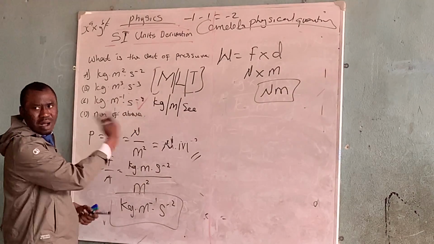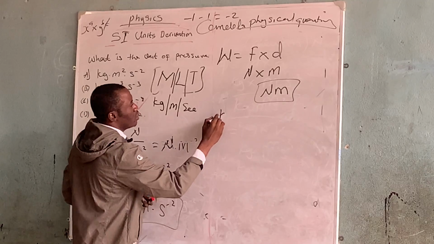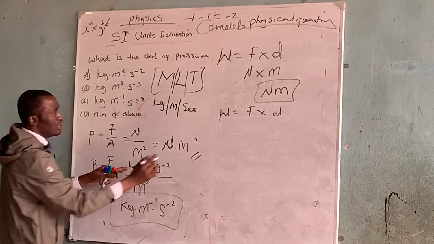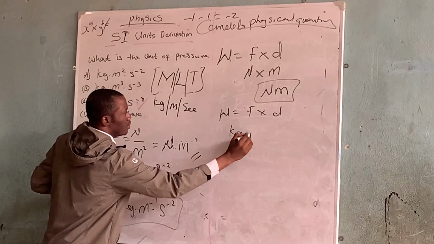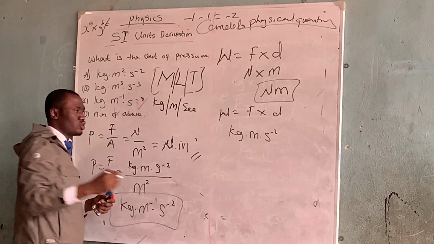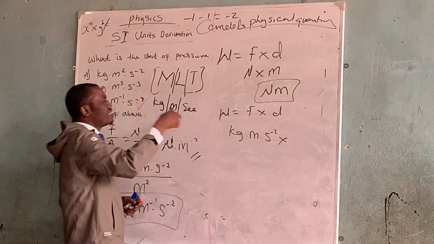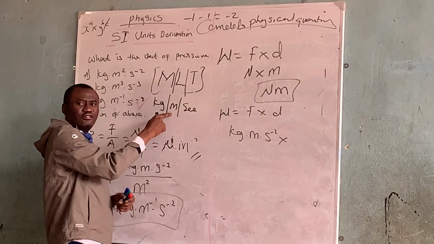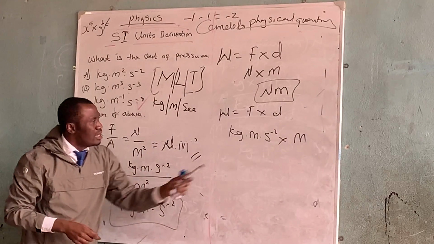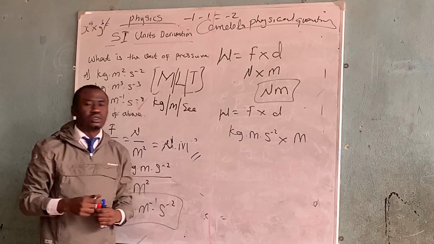But if it's in base units, work done is the same thing as force times what? Distance. What's the unit for force there? This is kilogram, meter, and second to the power of minus 2. When multiplied by distance, represented in meters. Are you following now? This is the same base. 1 plus 1 is what?